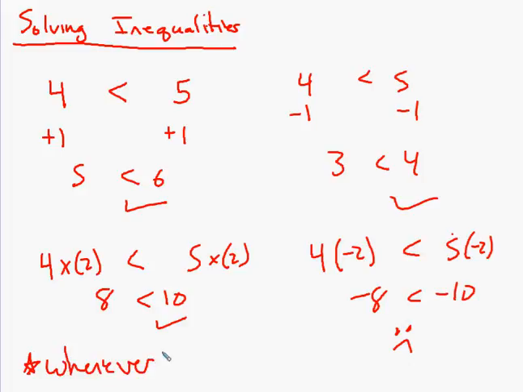So whenever we multiply, this is the important thing to remember for today. Whenever we multiply or divide by a negative, whenever we do that, we are going to switch the inequality.